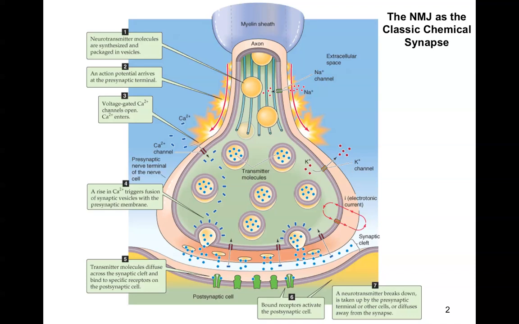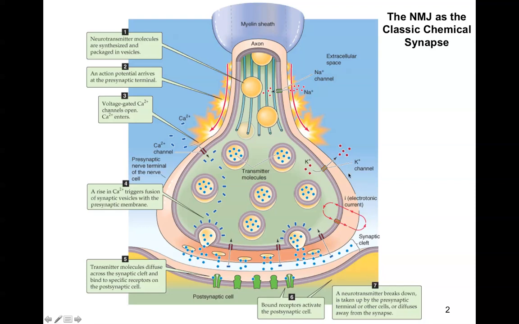So the neuromuscular junction involves the axon terminals of motor neurons and skeletal muscle. In this picture, we have a very large representation of an axon terminal of a motor neuron. You see here the myelin sheath of that motor neuron covering that axon. And then at the other end of the slide, we've got the plasma membrane of skeletal muscle.